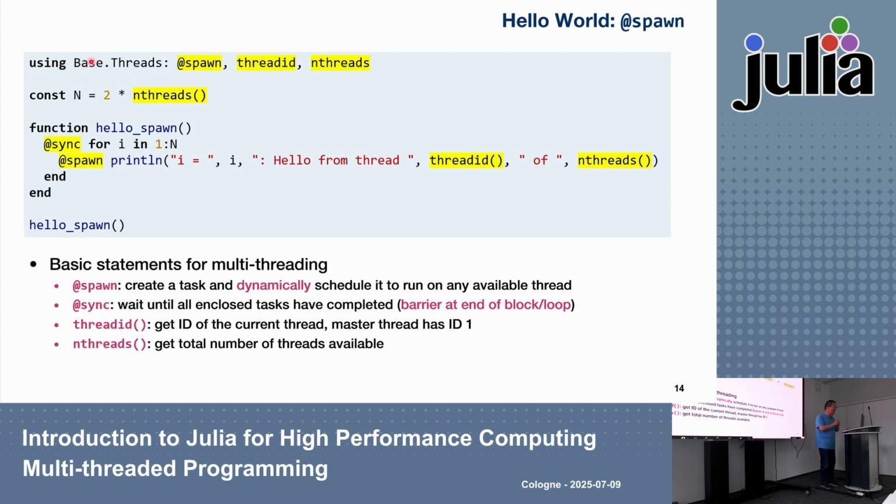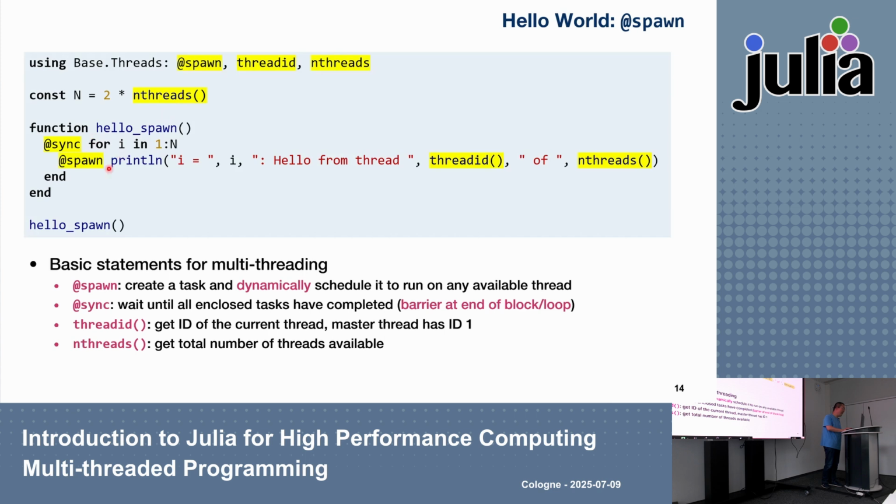The Base library is the core part of Julia, with the threads part, and then import Spawn, threadid, and nthreads. After importing those macros and functions, I create a variable which is 2 times the number of threads.